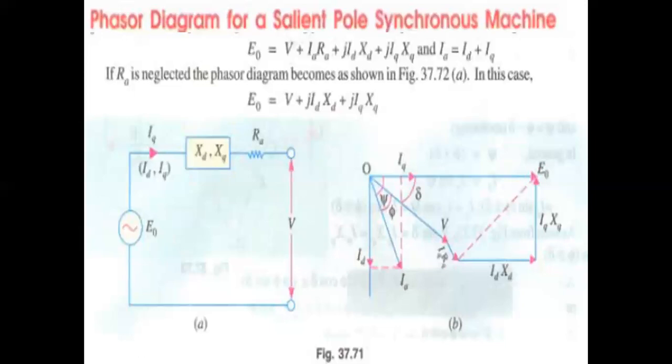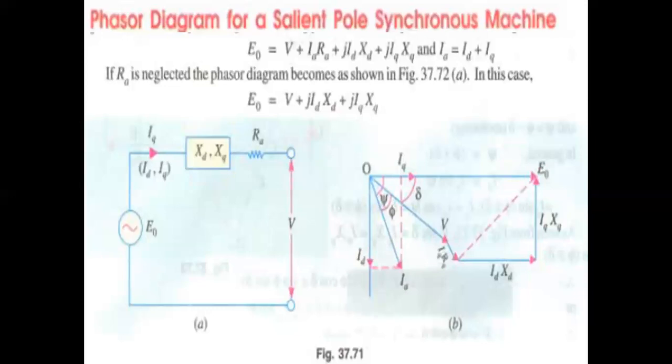The armature current is resolved into its rectangular components with respect to the axis of the excitation voltage E naught. The angle phi from E naught to IA is called the internal power factor.